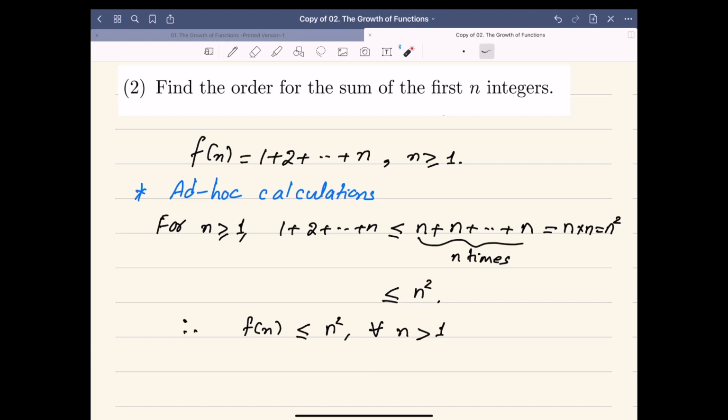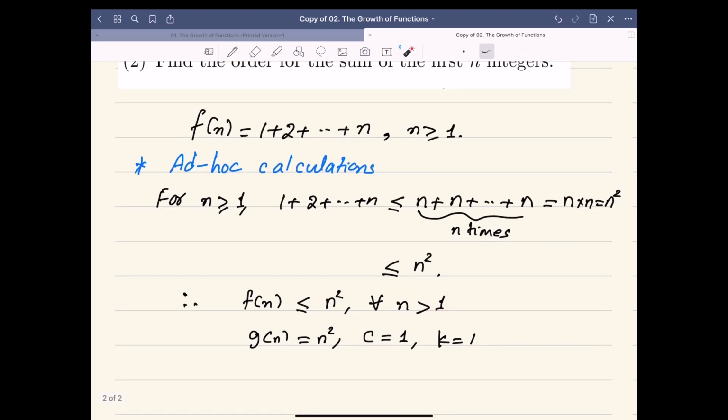So according to the basic definition, we have g of n is equal to n squared, c is equal to 1, and k is equal to 1. So we say that f of n belongs to big O of n squared.